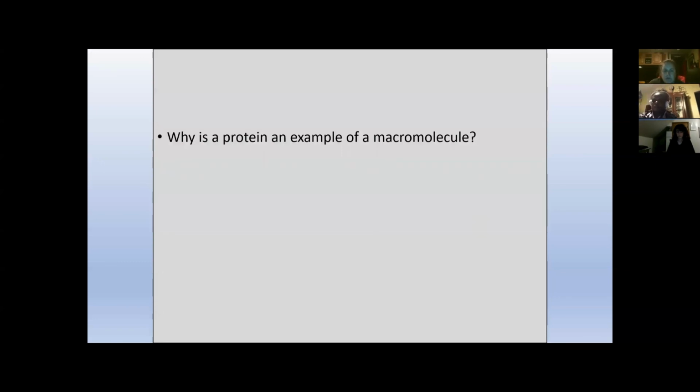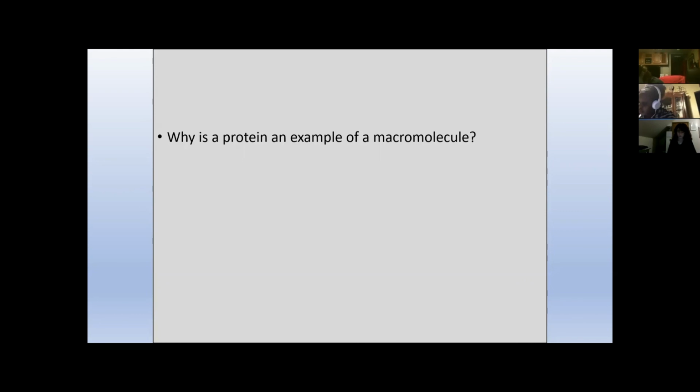Okay, so why would a protein be an example of a macromolecule? Because it's a chain of nucleic acids. Amino acids, but yes. So your amino acids would be your monomers, and your proteins are your macromolecules. They're chained together, or multi-structural pieces.